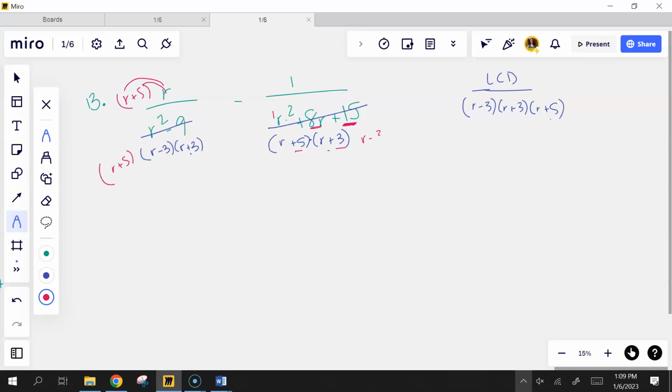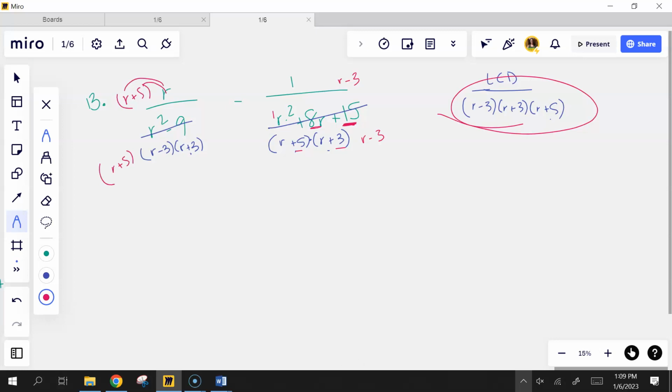R minus 3. You're not going to do that. You're just going to leave them like that. You're going to leave them written just like this. So don't make more work on yourself than what you need. After you get the LCD, the only thing you work with is the numerator.